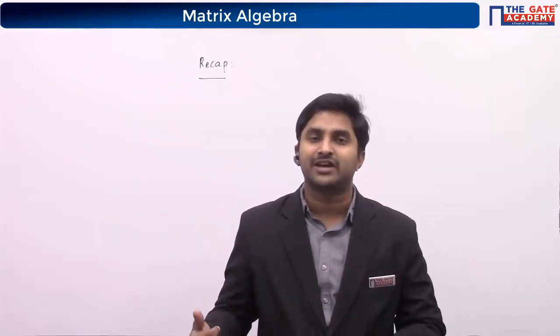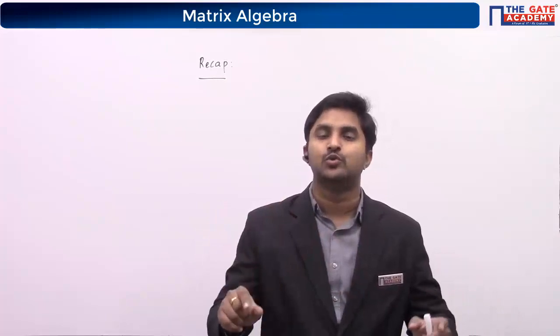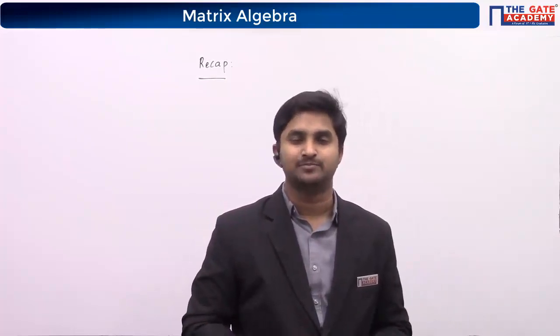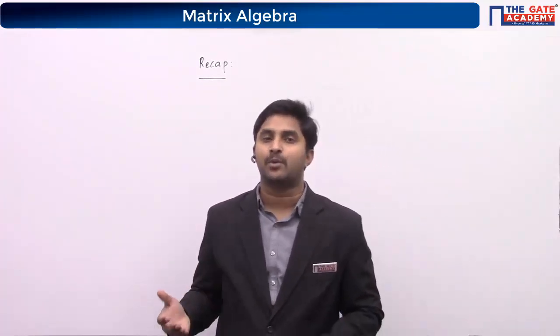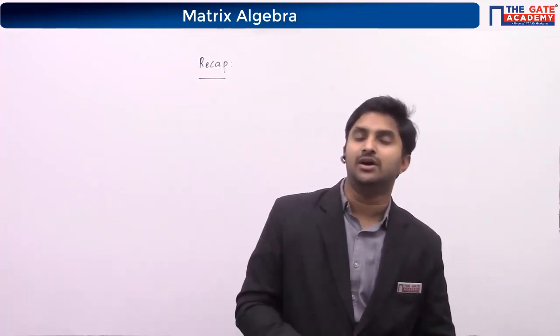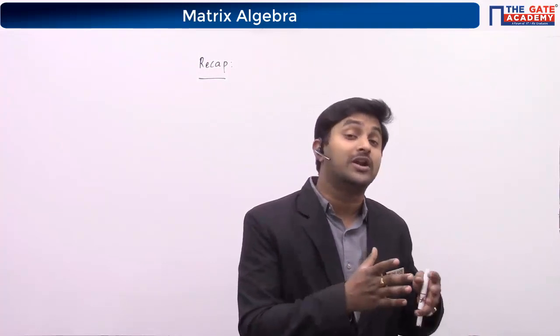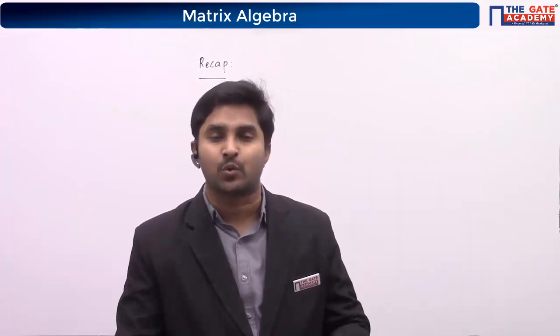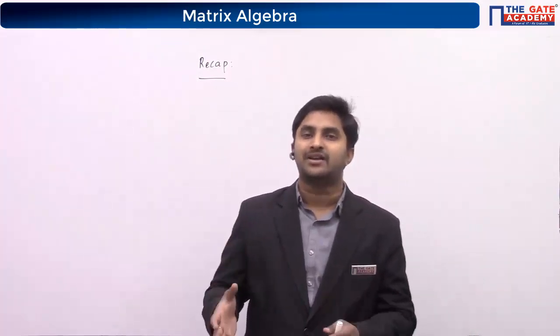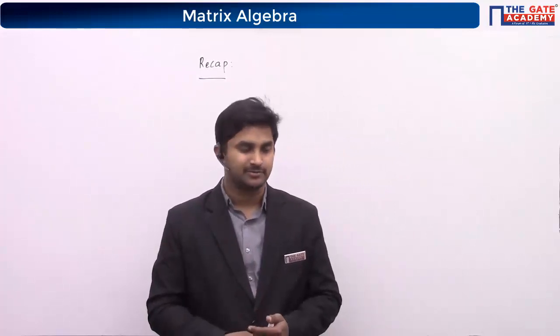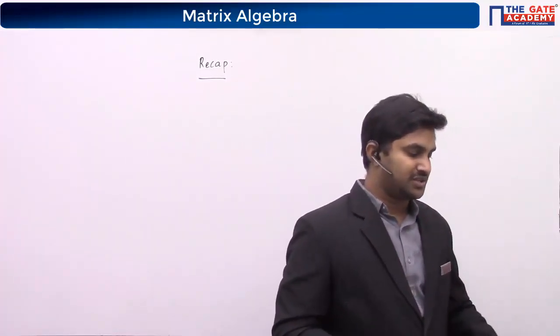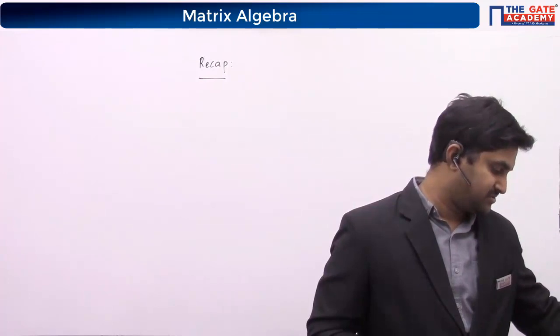Similarly, for additions, it is m cross q multiplied by n minus 1. In the last class, we did problems mostly based on the total number of scalar multiplications, and the minimum scalar multiplications required to perform the matrix multiplication in a given order. So these are the things that we discussed in the last class.